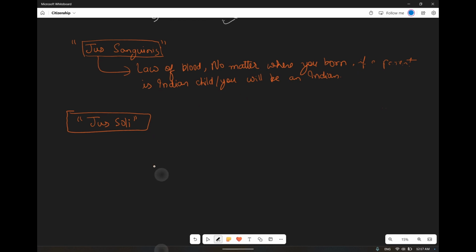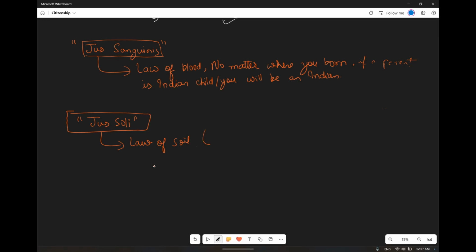Jus soli means law of soil. Anybody who is born on the soil of USA, that child will be a citizen of America.